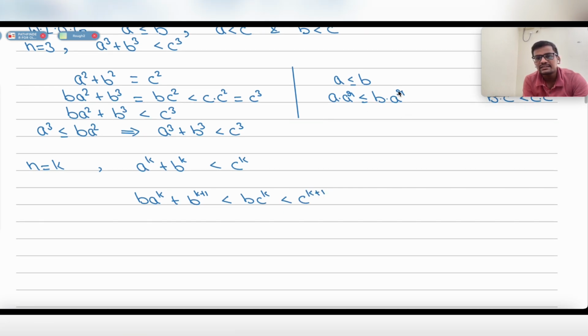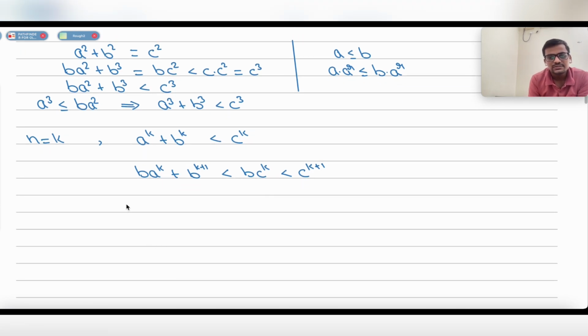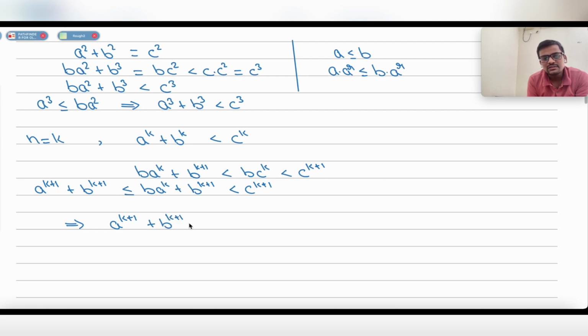And with this property, that is a into a to the power r is less than or equal to b into a to the power r, I can write a to the power k plus 1 plus b to the power k plus 1 will be less than or equal to b into a to the power k plus b to the power k plus 1, and that is less than c to the power k plus 1. So clearly we get that a to the power k plus 1 plus b to the power k plus 1 is less than c to the power k plus 1.